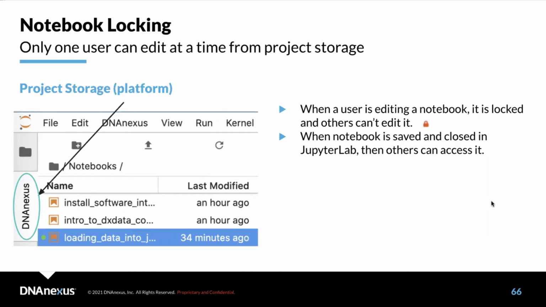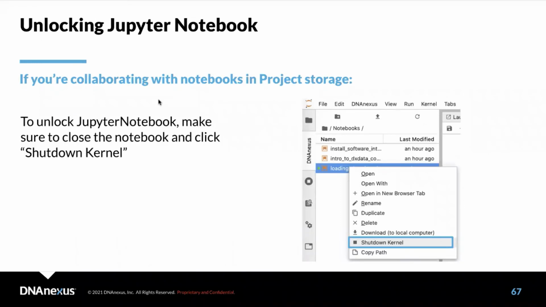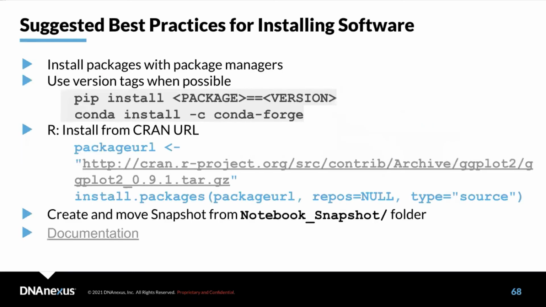If I want to edit this notebook, Ted needs to shut down the kernel, because only one person at a time can collaborate. So once Ted is done with all of the changes, he right-clicks on the left bar menu and shuts down the kernel, and then I will see this notebook as available.